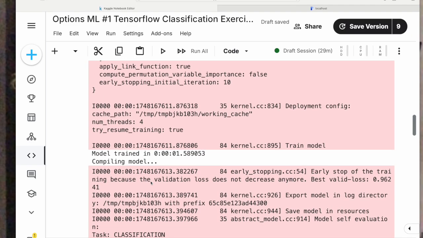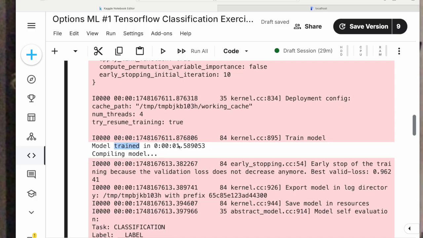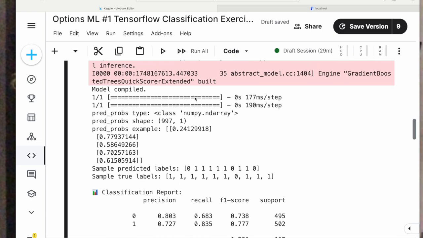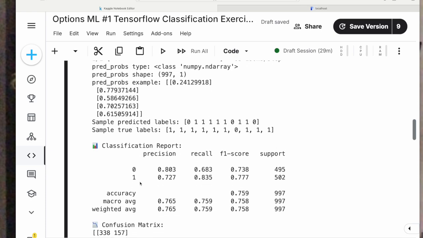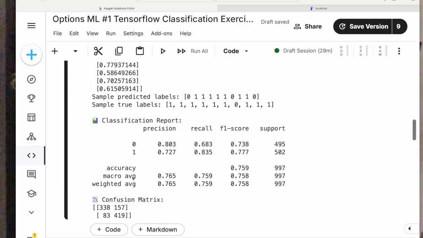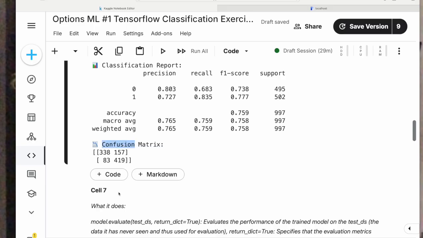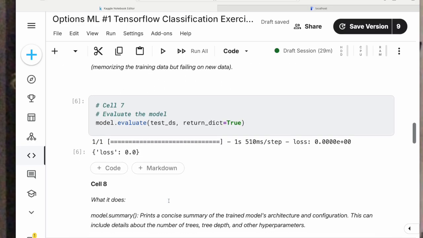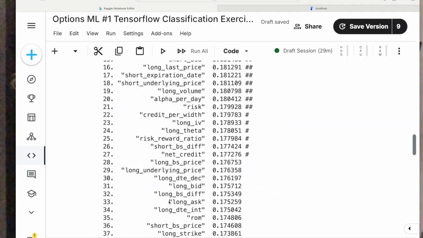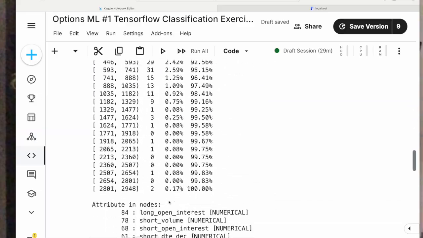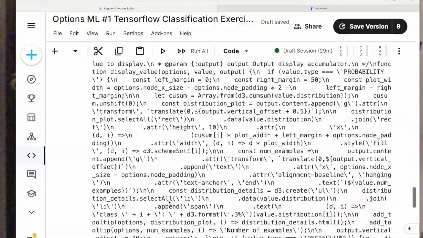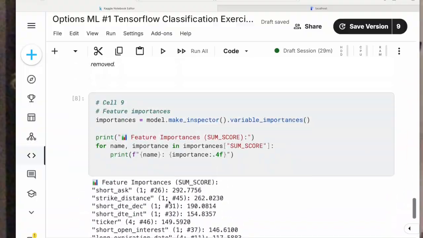We trained the model. It didn't take long to train the model on this machine. So here, the model is compiled, and this is actually our matrix, the confusion matrix that we looked at before without the graphic. We repeat the graphic again at the bottom. We calculate the loss, and we do more machine learning. Good quantifiable information here. Feature importance sum score.